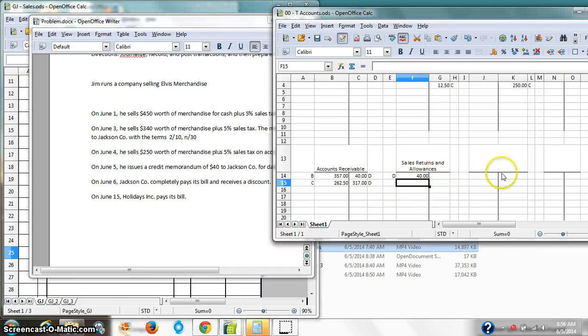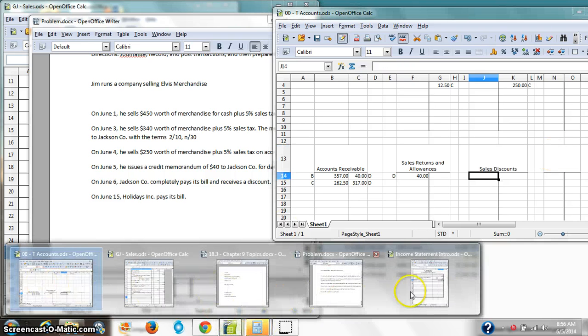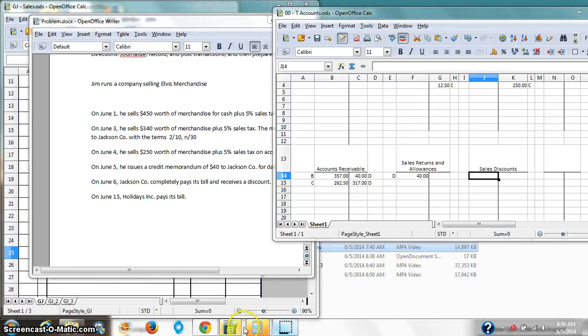So this is going to go to an account called sales discounts, which works in much the same way as sales returns and allowances.